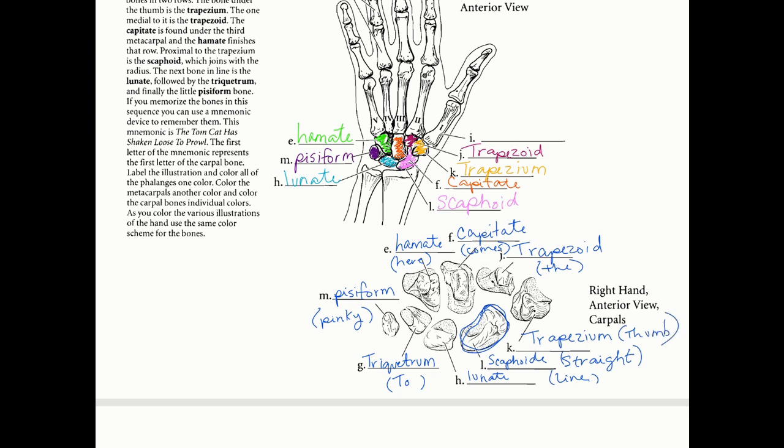So if we start with the scaphoid, we can say straight line to pinky, here comes the thumb.